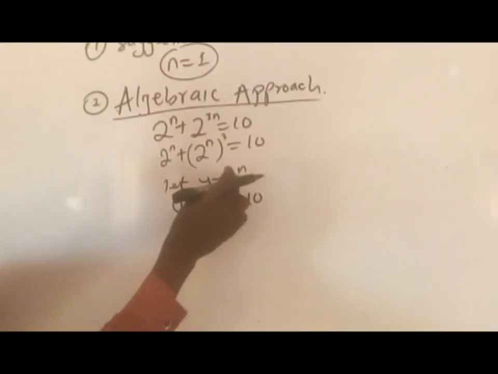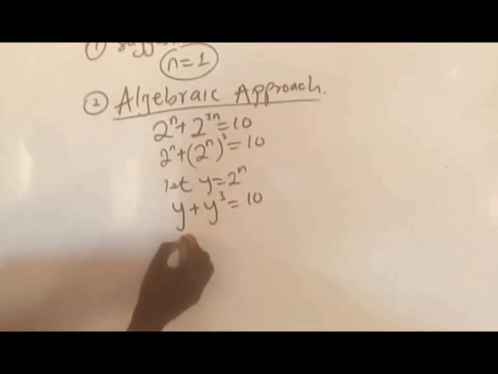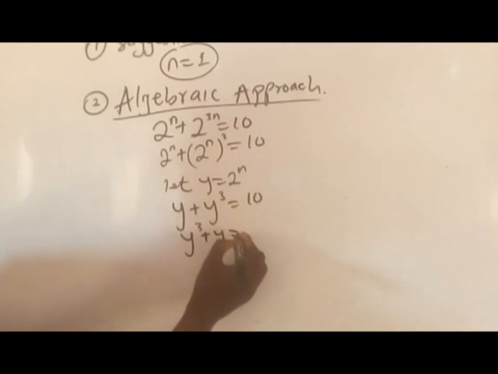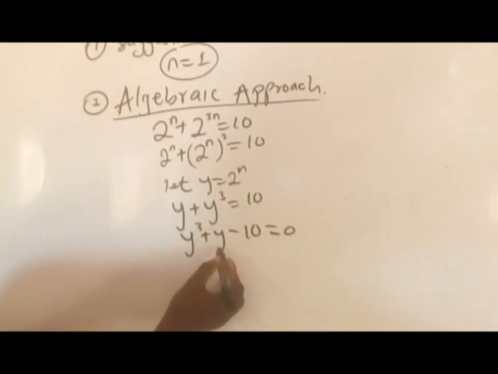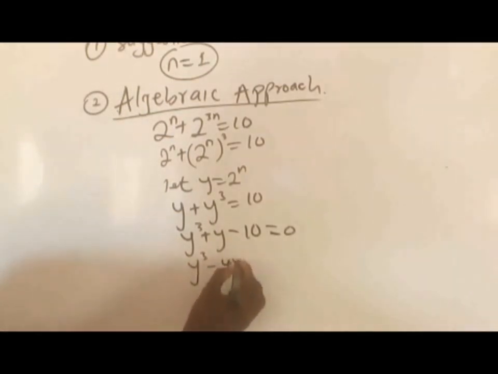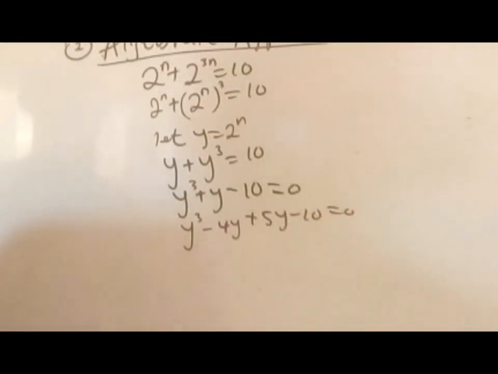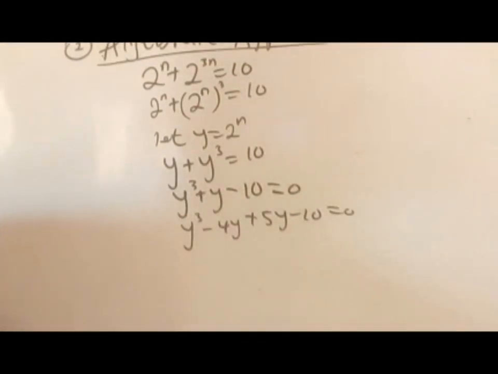Let us arrange this as y cubed plus y equals 10, and bring the 10 inside to equal 0. To solve this, we can rewrite the plus y this way: y cubed minus 4y plus 5y, then minus 10 equals 0, because minus 4y plus 5y is plus y, so there's nothing added.